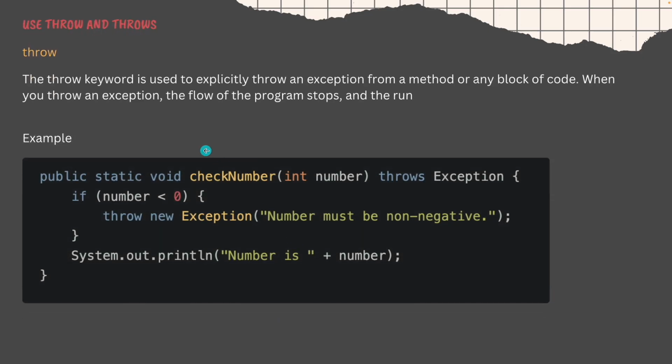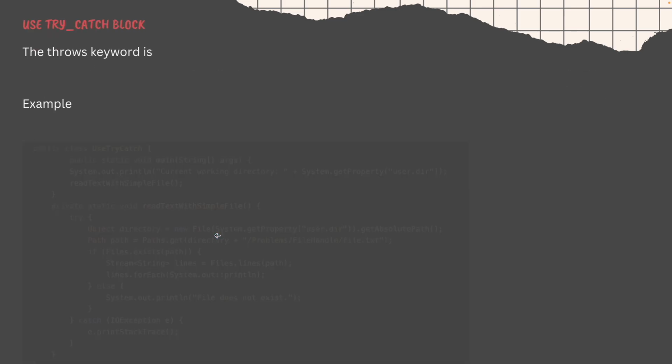We can also handle exceptions by the use of throw and throws. Throws is basically used at the method signature level, and throw is used inside the method. You can check the code here. We can use a try catch block.